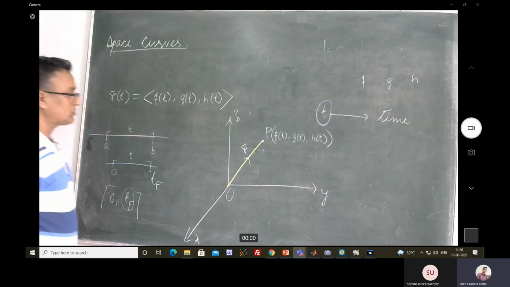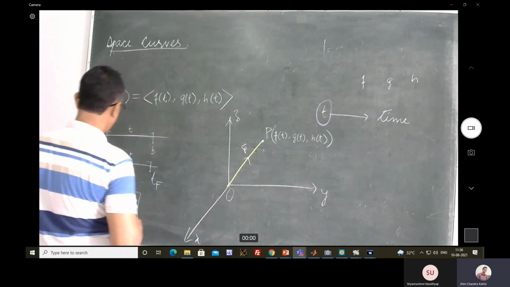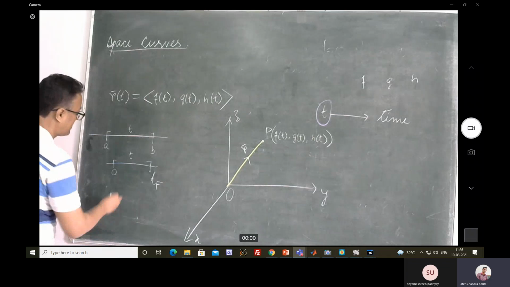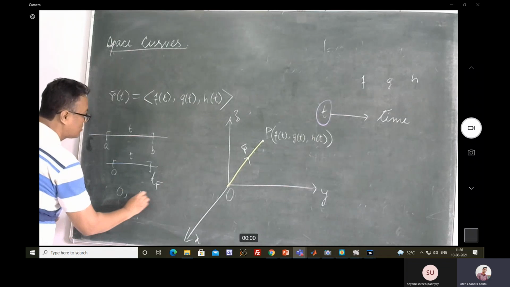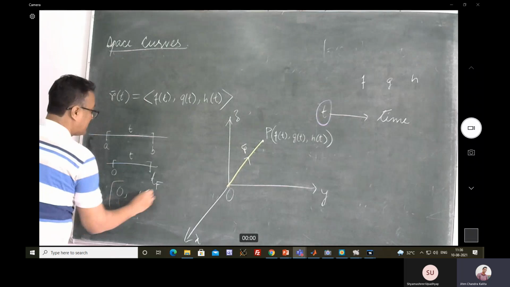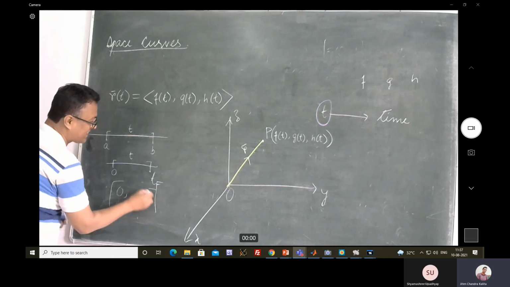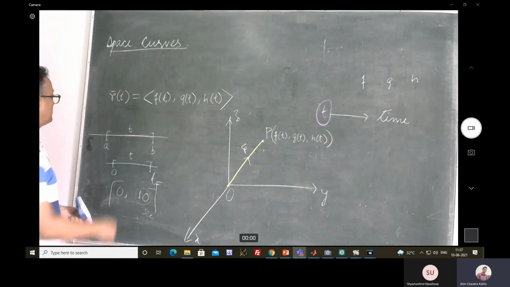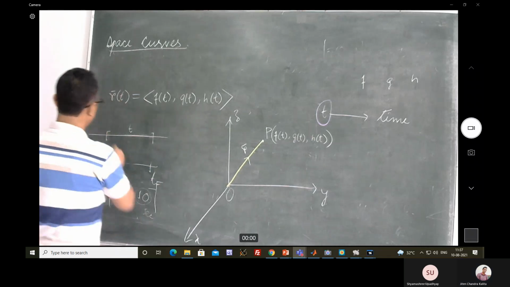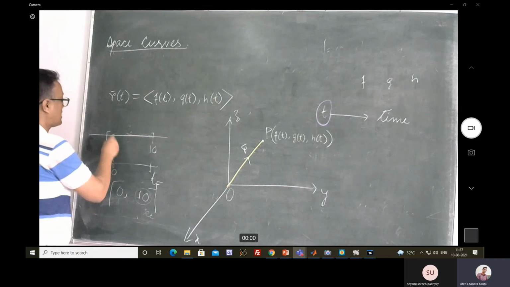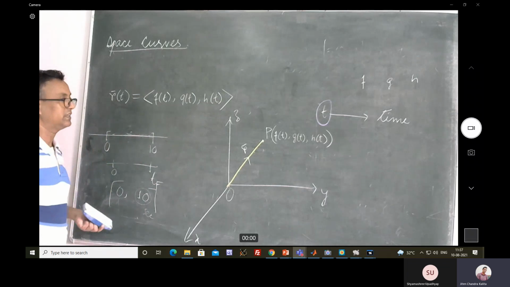So now let us think about this. Suppose I am considering the interval 0 to 10, and suppose 10 relates to 10 seconds. So I am going to have an infinite number of points here, starting from 0 and ending at 10.